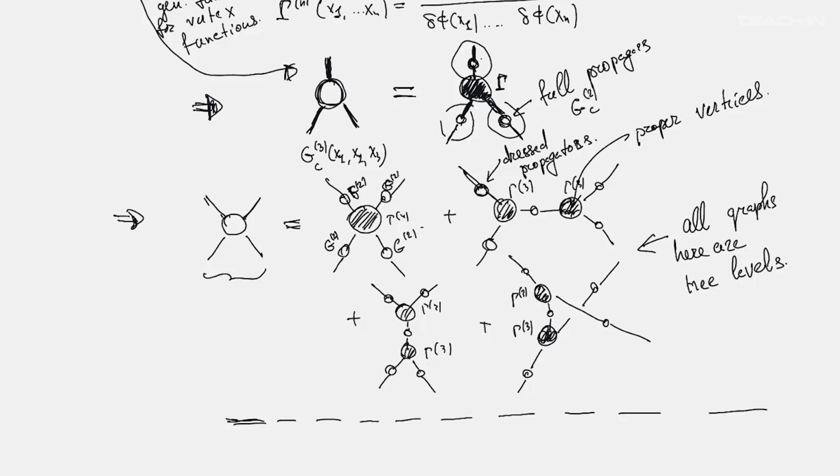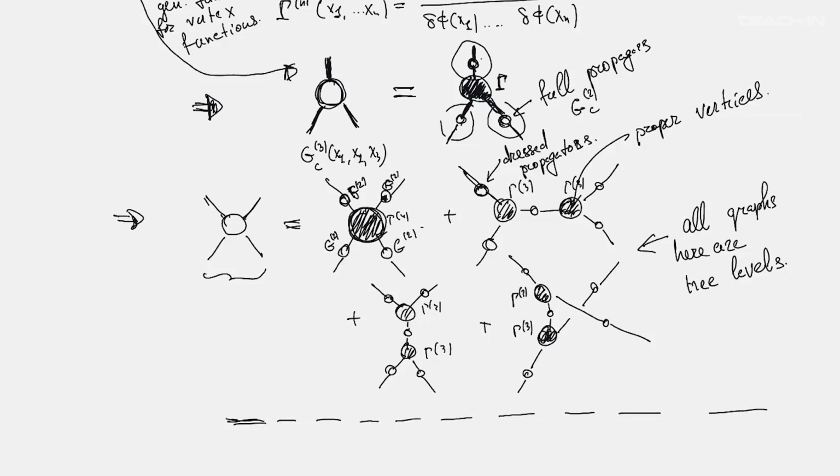And the game of this construction, the way you construct these diagrams, is that you never take loops. All loops are already inside. They're already summed up inside these blobs, either in gammas or in these dressed propagators, which are in fact inverse of gammas, of gamma 2s, gamma with index 2.